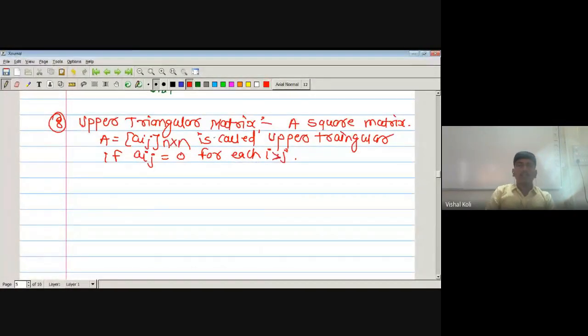Okay, and similarly we define the ninth type, a lower triangular matrix.